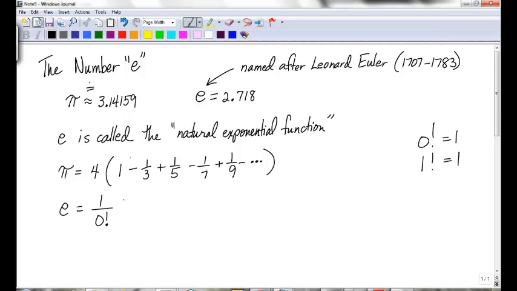So when you're looking at this, you're looking at 1 plus 1 over 1 factorial plus 1 over 2 factorial plus 1 over 3 factorial, and then plus dot dot dot. That continues. If you simplify that all out, you're going to get close to 2.718, and then it's going to continue on and on and on.